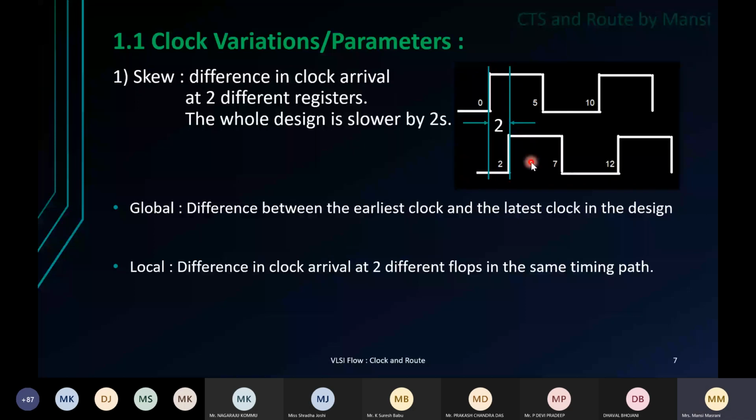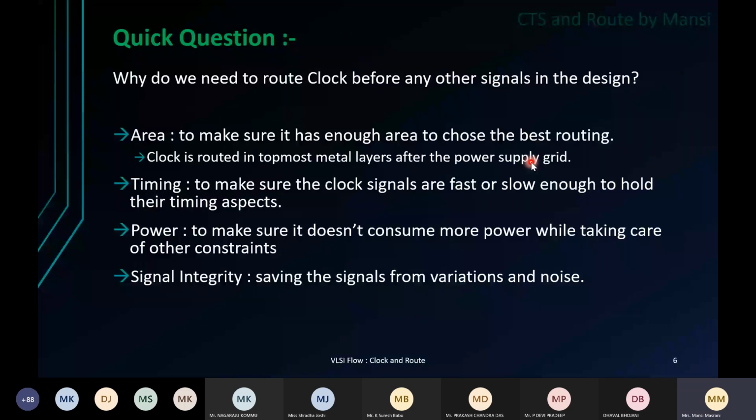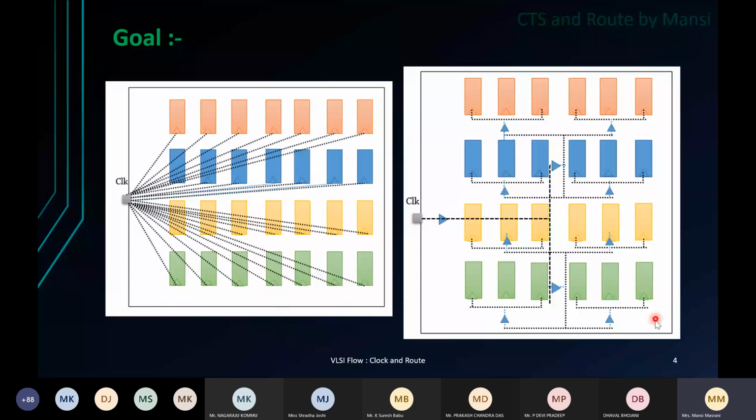Now what is global skew and what is local skew? The global skew is the difference between the earliest clock in the design and the latest clock in the design. Let's say over here, the earliest clock will be probably here, here, or here, and the latest clock will be here.